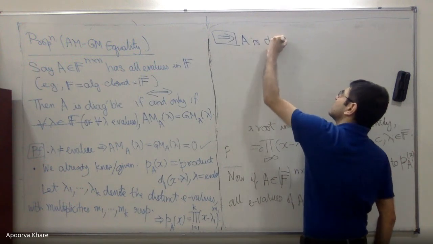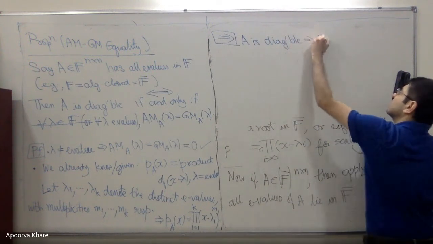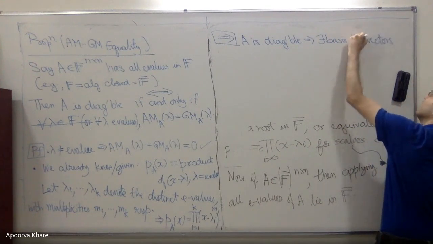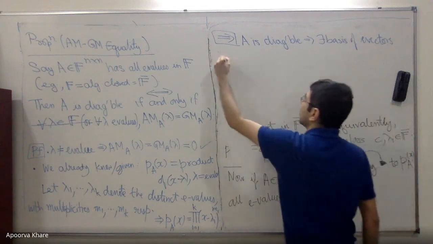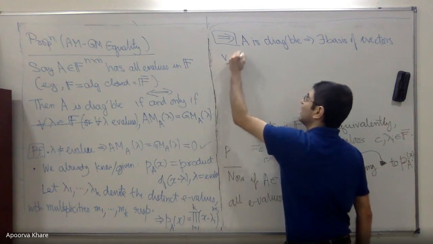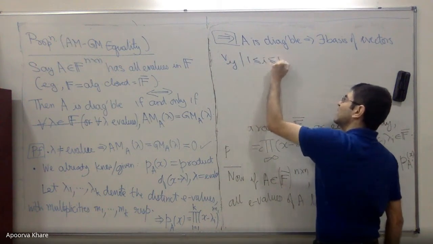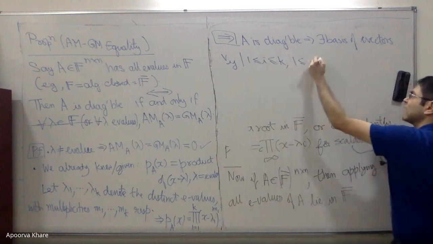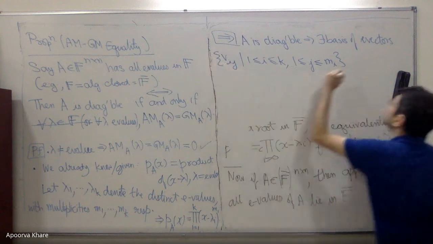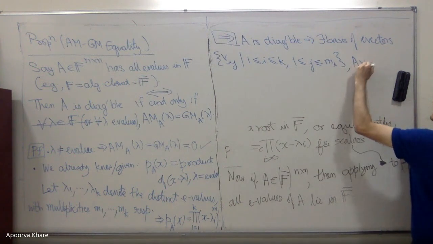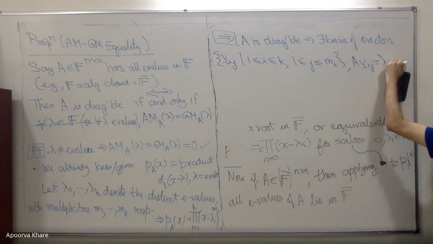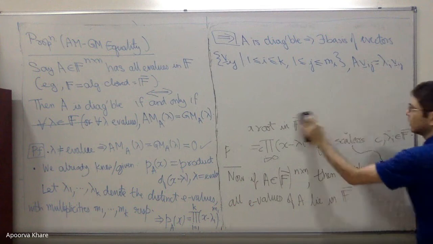A is diagonalizable, so there exists a basis of eigenvectors, and I'll just call them V_ij, where 1 ≤ i ≤ k, and for every i I have lambda_i eigenvectors, with A times V_ij, of course, equals lambda_i times V_ij for all i and j.